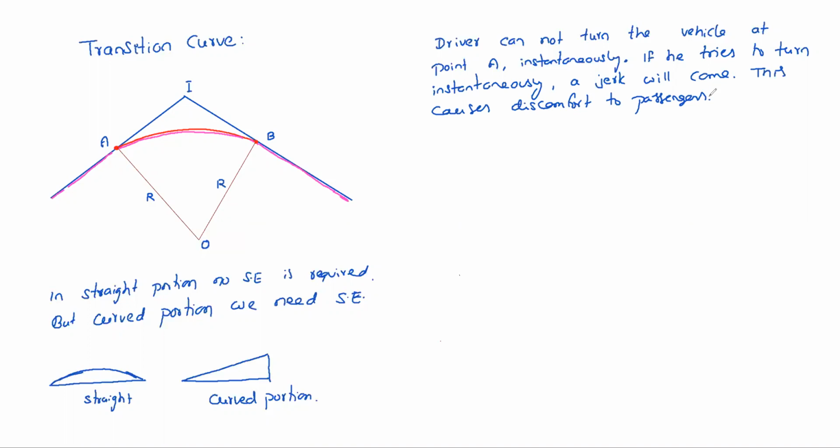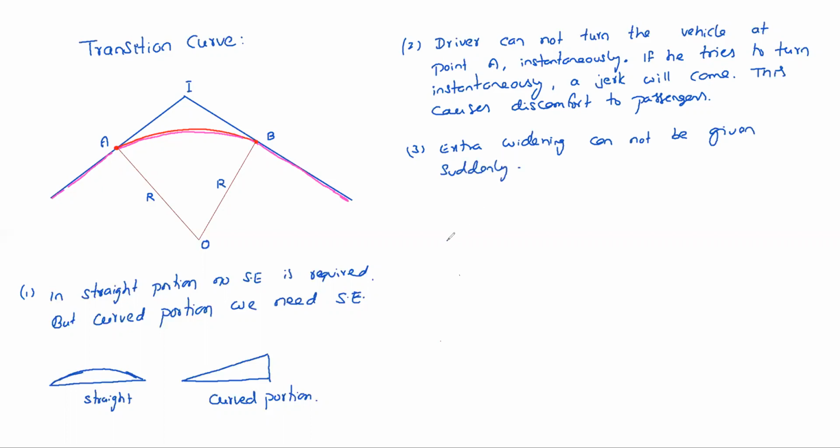One is that super elevation cannot be implemented immediately. The driver cannot turn the steering. And the third one is extra widening. Extra widening cannot be given suddenly.